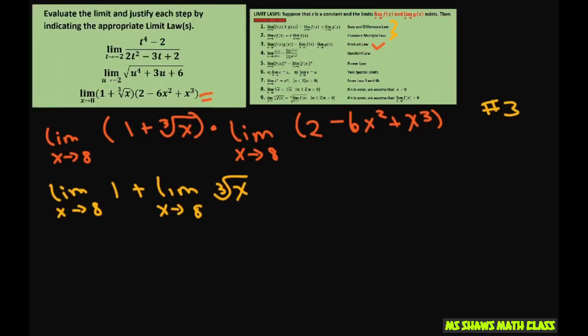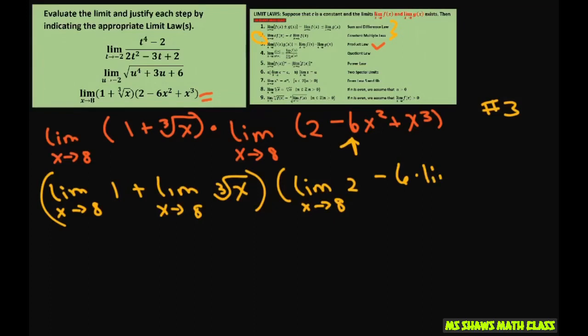All right, and then we're going to times here. So you write this limit as x approaches 8 of 2 minus, now we're going to pull this 6 out, and that's your number 2 rule. 6 times the limit as x approaches 8 of x squared plus the limit as x approaches 8 of x cubed. That's supposed to be an 8.